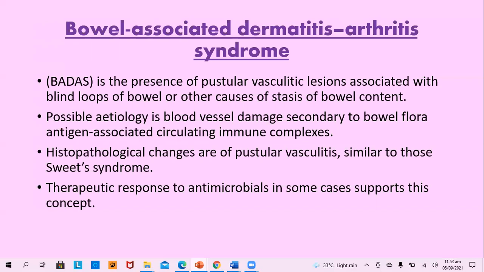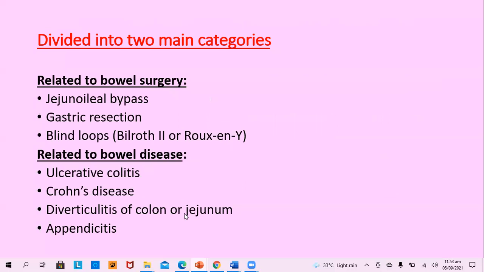So because of the blind loops and stasis of bowel contents, the bowel flora and antigens create circulating immune complexes that result in pustular vasculitis. Histopathological changes are those of pustular vasculitis, similar to those of Sweet syndrome. Therapeutic response to antimicrobials in some cases supports this concept.